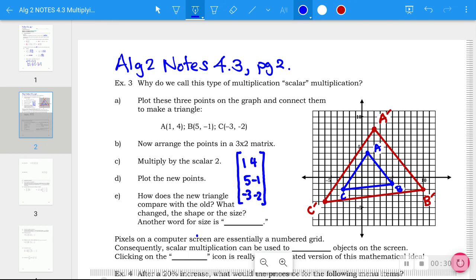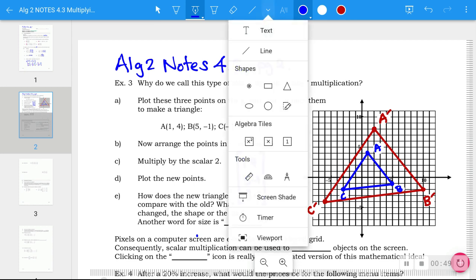Matrices are often used in graphic design of digital gaming, and the points on whatever image is on screen are represented in matrix format. So I have a very simple example of that right here.